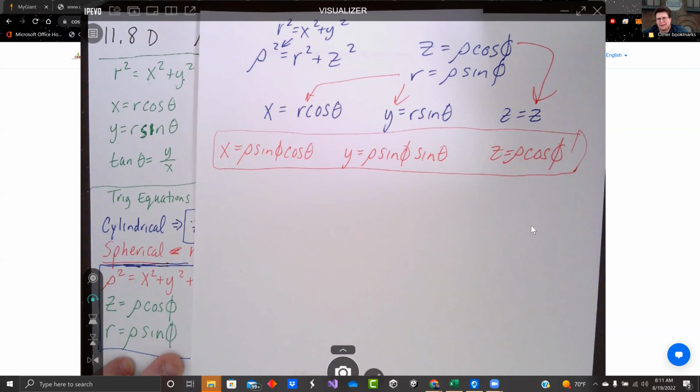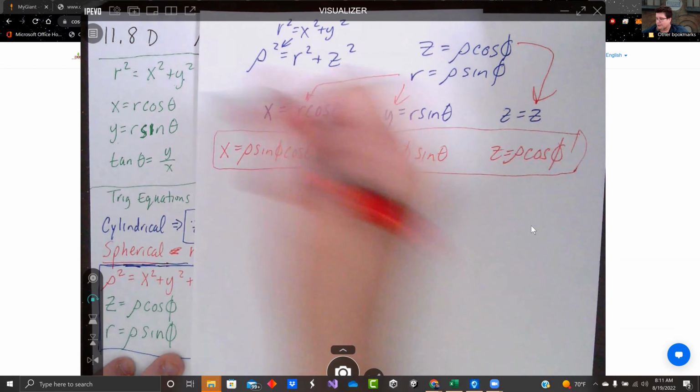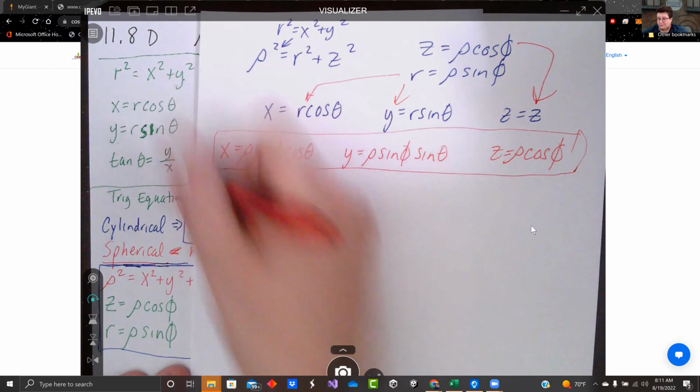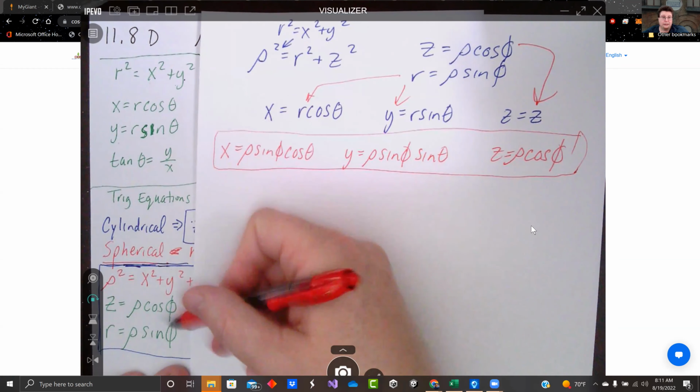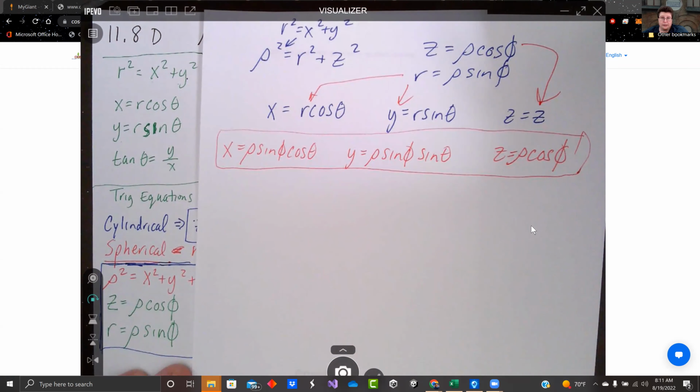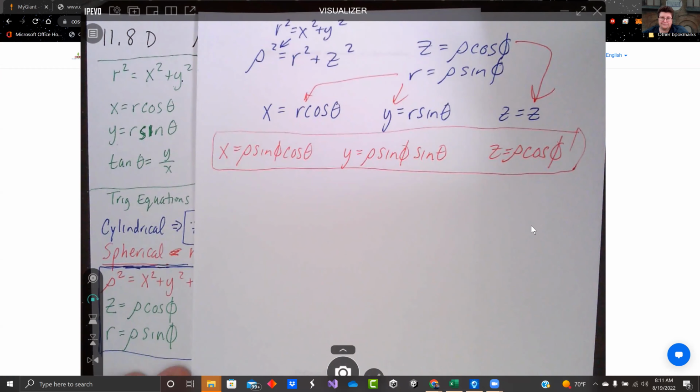Why bother memorizing those? You don't need them. If you really need to go between cylindrical and spherical, I'm sure I could rederive them all from these 7 equations right here. But you can always switch back to Cartesian and go forward. And I'm sure that's exactly what happens in the process.